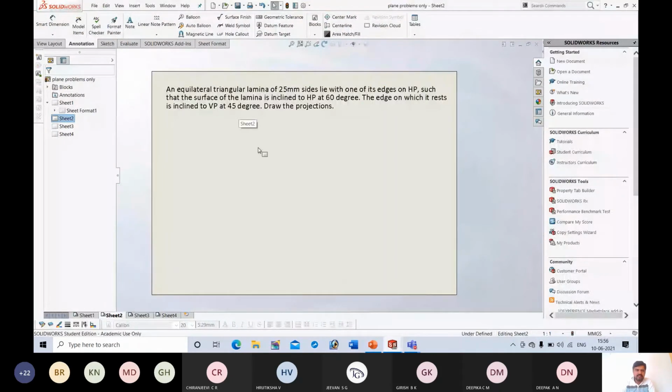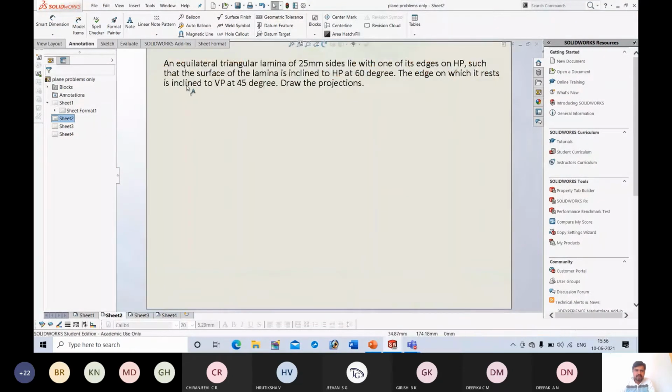Okay, so I will consider the same problem: an equilateral triangular lamina of 25 mm sides lies with one of its edges on HP, such that the surface of the lamina is inclined to HP at 60 degree.